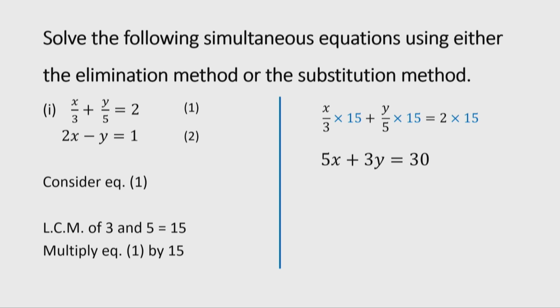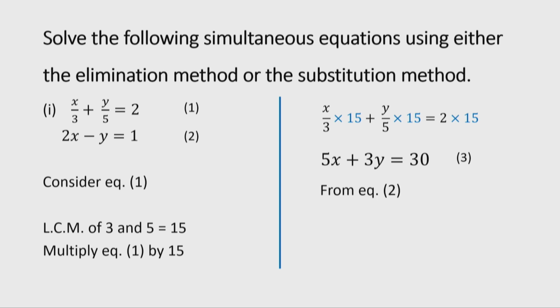So why have I done this? This is simply to avoid working with the fractions, and then I can use the elimination method if I want to eliminate one of the unknowns, or the substitution method if I want to make one of the variables subject of formula. So I call this equation 3.